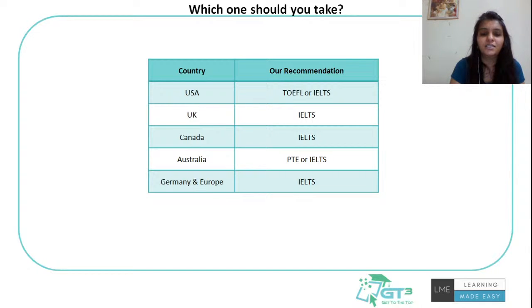But in this case, there'll be a small change for immigration purposes. Whereas I'll tell you something about IELTS general training. The general training reading is a bit easier in IELTS than the academic reading. The academic reading has more vocabulary and more complexity in the language.